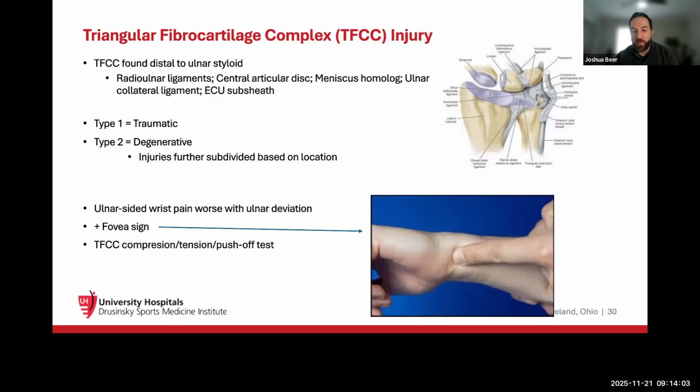A tension test, where you radial deviate and see if it causes pain on the ulnar aspect of the wrist. And also the push-off test, where you have the patient scoot onto the edge of their chair and try to push off to stand using that one hand, weight bearing.